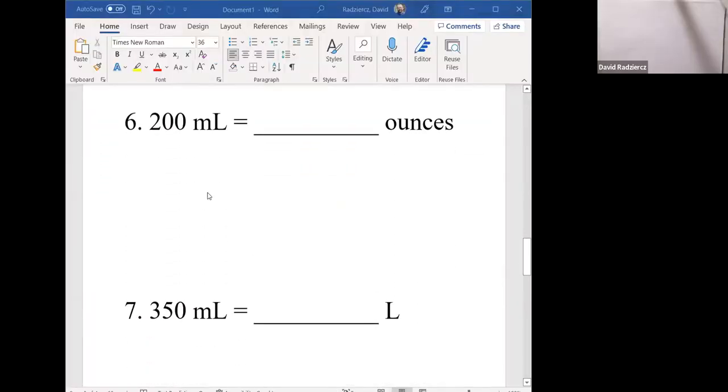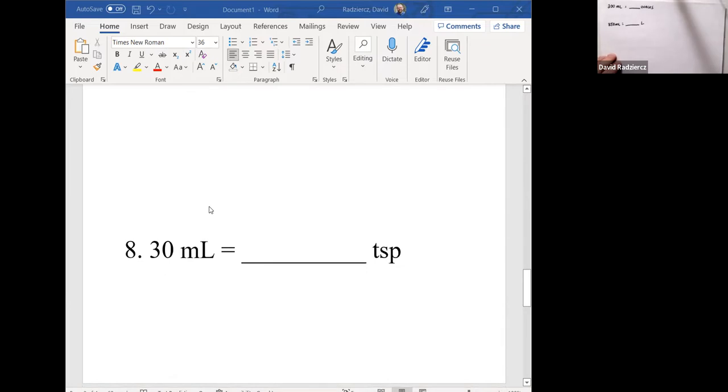All right, so some more things like this. So 200 milliliters is how many ounces? Then we have 350 milliliters is how many liters?